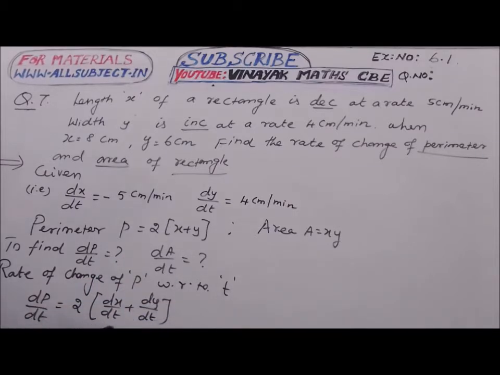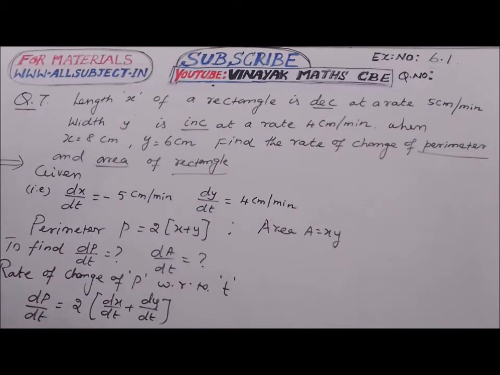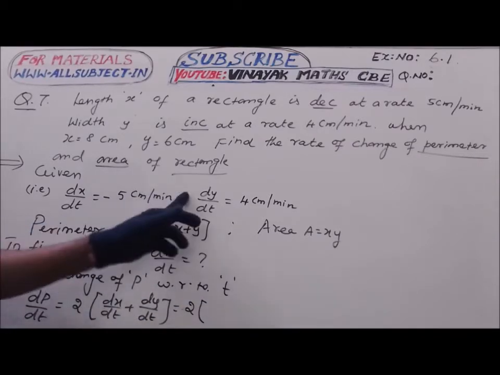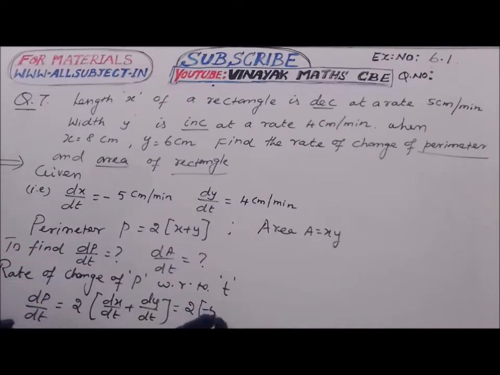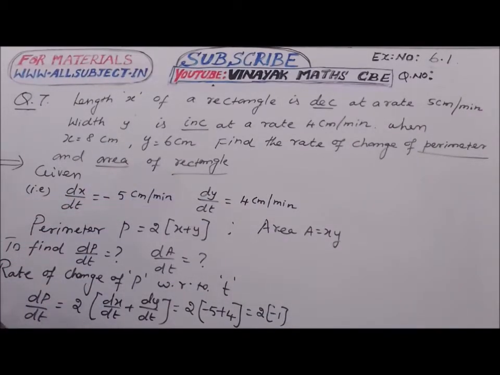So both dx by dt and dy by dt are given. Substituting and simplifying, we get 2 into dx by dt is minus 5, dy by dt is plus 4, so minus 5 plus 4, that is equal to 2 into minus 1 equal to minus 2 centimeter per minute.